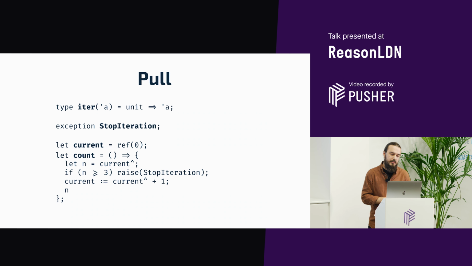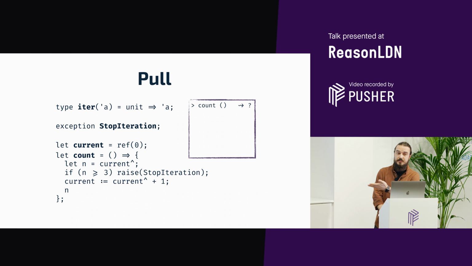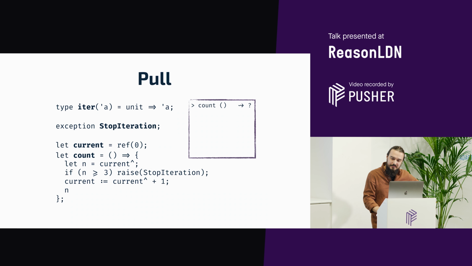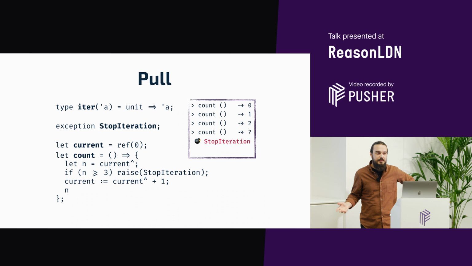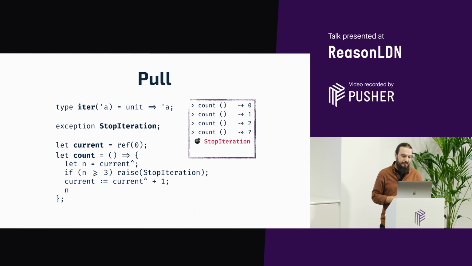So that's going to be 0. And we can immediately start using this iterator. It's a very silly and simple iterator, but I think it's an iterator. We can call it multiple times, and once it reaches 2, the next time is going to be stop iteration. So we terminated this iteration.